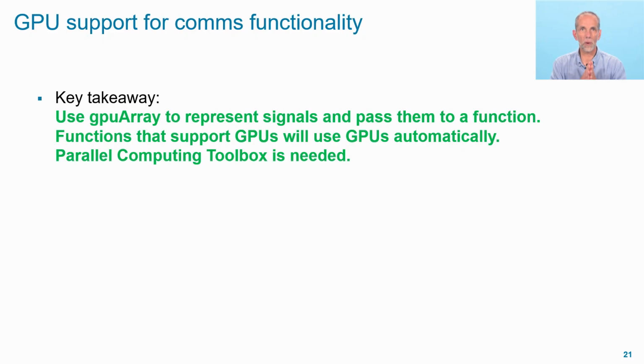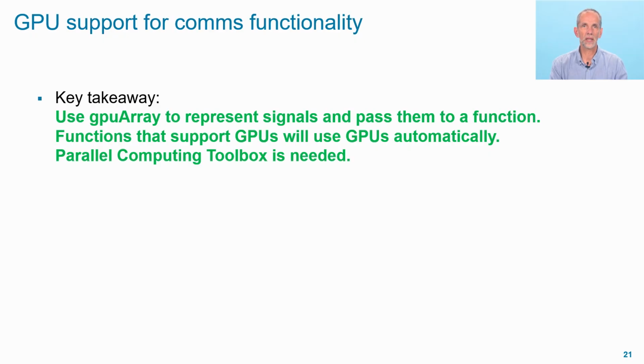The thing that you want to be aware of is that you would use a gpuArray data type, which is a first-class citizen MATLAB data type. You would use them to represent signals and pass them to a function. And so more and more functions with each release support these gpuArrays, and the code that you write for these gpuArrays is exactly the same as if you were using your CPU.